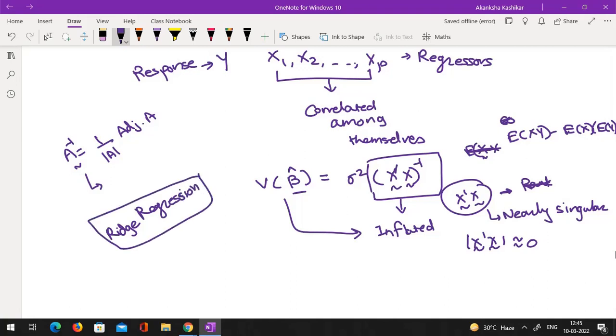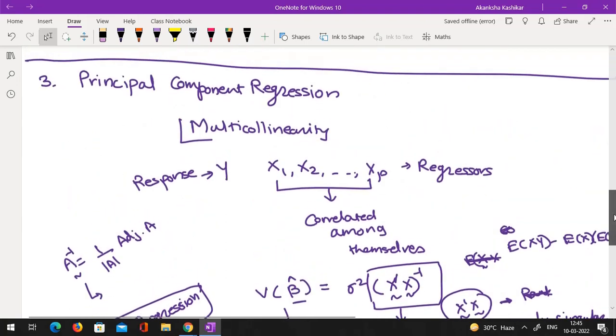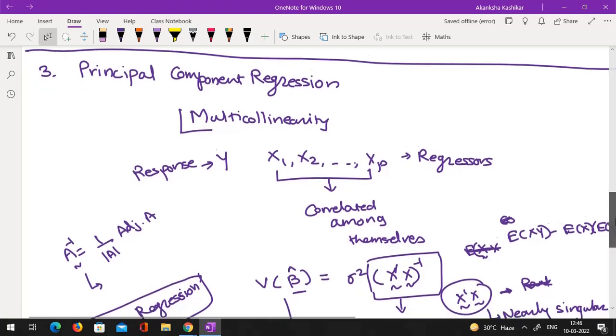So how does PCA help in a multicollinearity setup? The problem is that the regressors are highly correlated with each other. So if I can reduce the correlation, that helps, and that is exactly what principal components do. Principal components are orthogonal to each other, with no correlation among themselves.